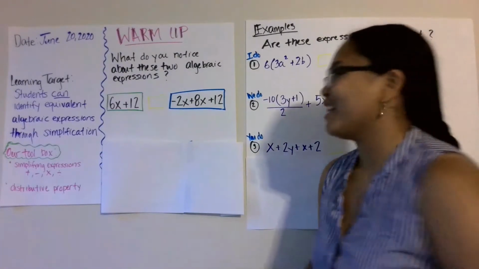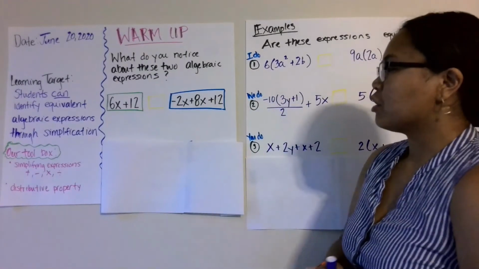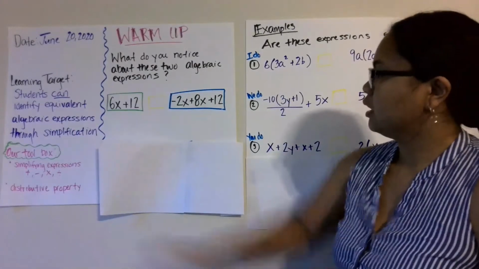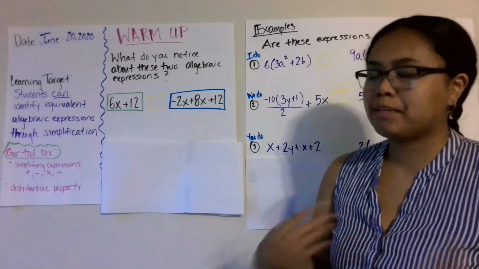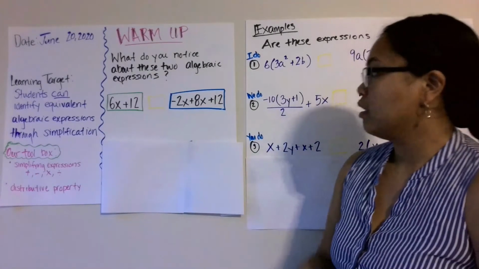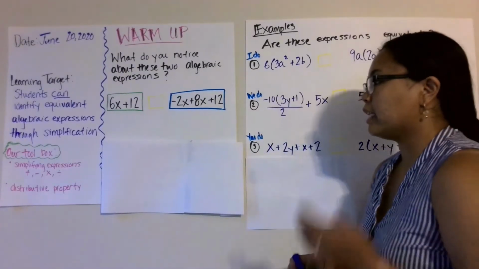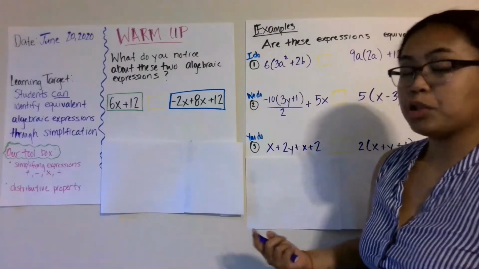Fast forward, the 30 seconds has passed. When we look at the first expression, we have 6x plus 12. It's already simplified for us. When we look at the second expression, the negative 2x plus the 8x, we notice that those are like terms.